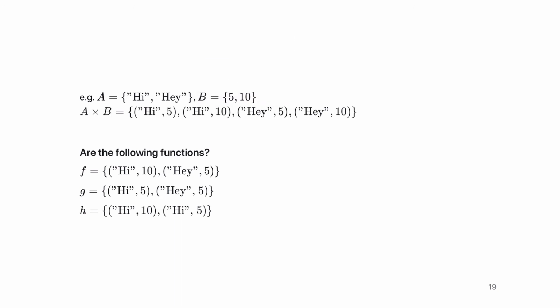Are the following relations, they're all relations, I guess we can write that. Are they functions? Is f a function? Yes, right? Because there's some output for hi and there's some output for hey. Is g a function? Yes, because for hi there's some output and for hey there's some output. Is h a function?